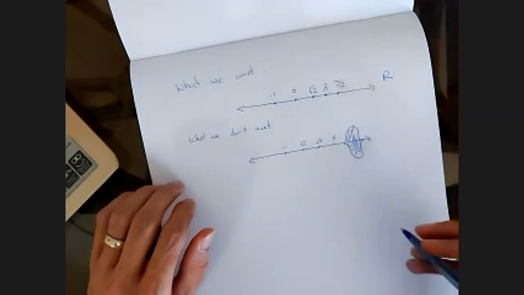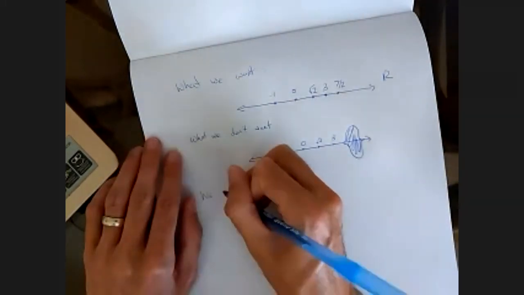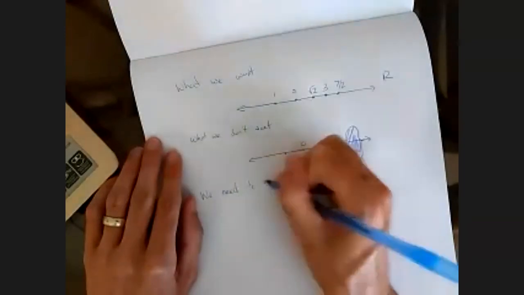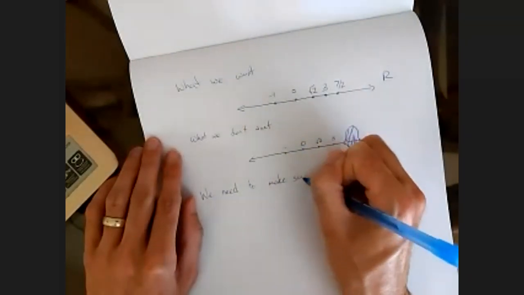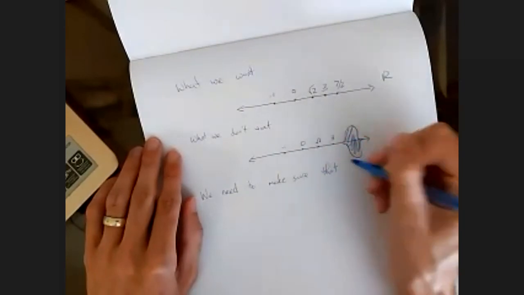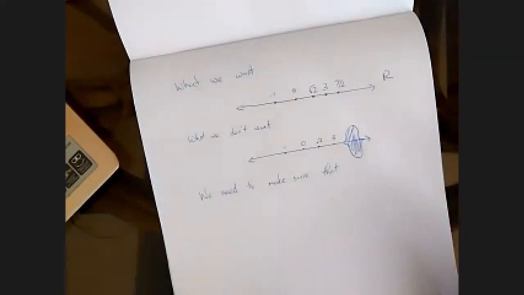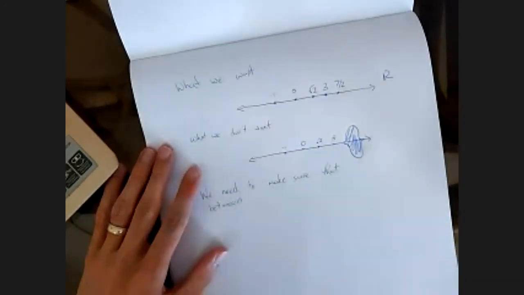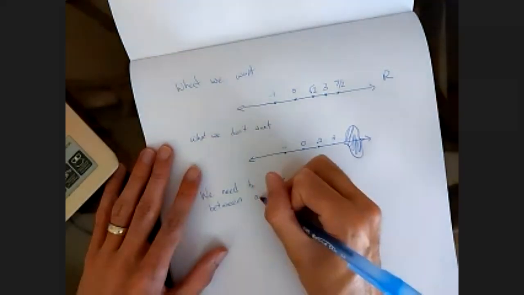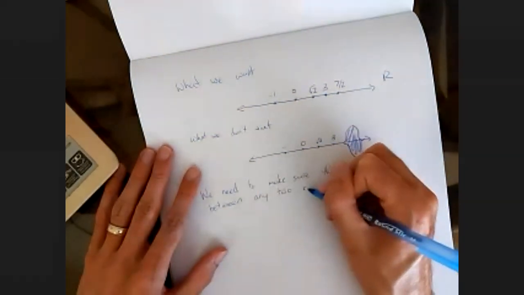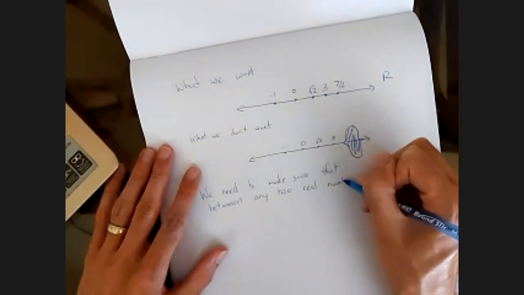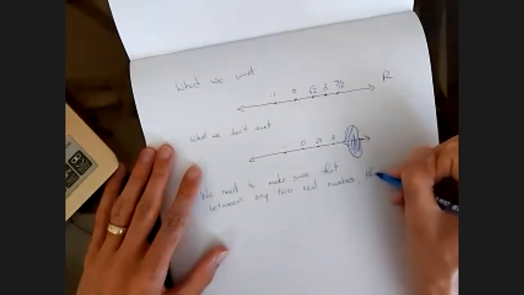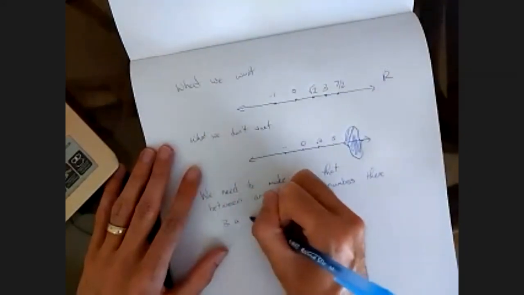What we really want to make sure is that between any two real numbers, there is a rational number between them.